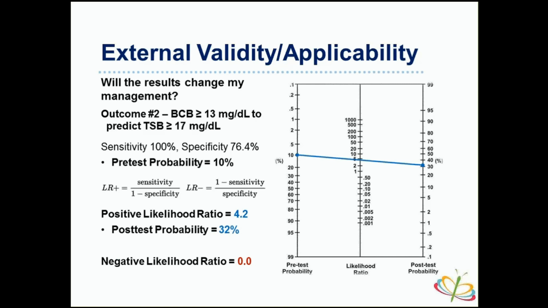But this is reassuring in that regard. You can't even really make it; it's all the way down there if you say 0 in terms of that likelihood ratio. So they didn't miss a single total serum BILI that was higher than 17 by using this rule.